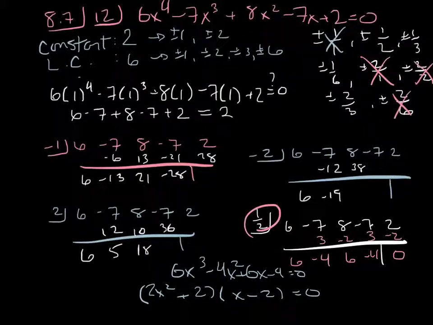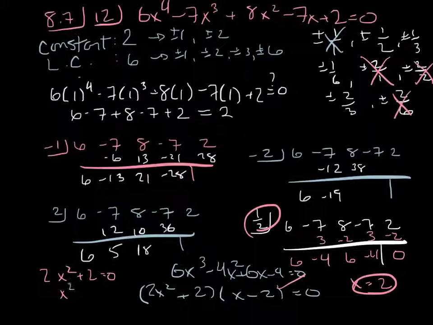And so solving each of those, I've got 1/2, I've got x is equal to 2 from that one, and then 2x squared plus 2 is equal to 0. x squared is equal to negative 1. So x is equal to positive negative i. And that comes from that one.